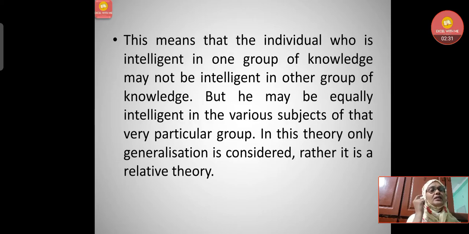Obviously, if we take one person with a particular skill he is intelligent enough to handle, it is not mandatory that he will be intelligent in other types of knowledge also, but he may be equally intelligent in the various subjects of that particular group. In this theory only generalization is considered, rather it is a relative theory. So general factors they have taken, it is a relative comparative theory.